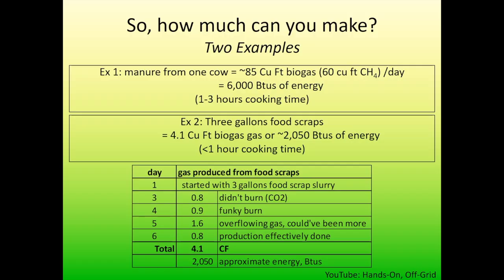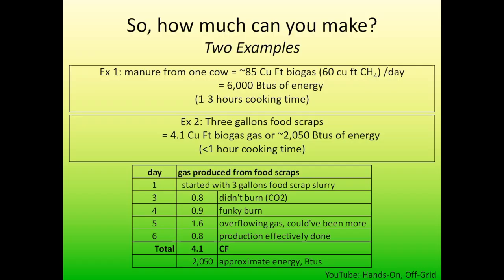When starting up a digester from scratch, it can take 5 or 10 days before combustible gas is made. In this case, the system was primed and ready to go and started producing in just a few days. And there's no reason that all of these ingredients can't be mixed. Using cow manure in conjunction with food or garden scraps is a great way to manage waste and generate biogas.